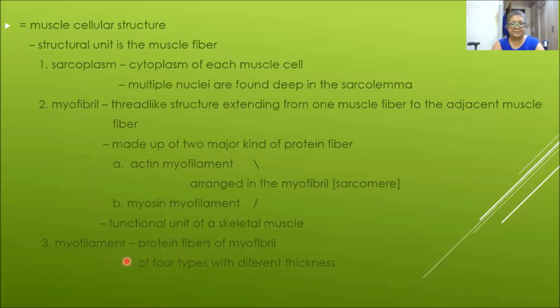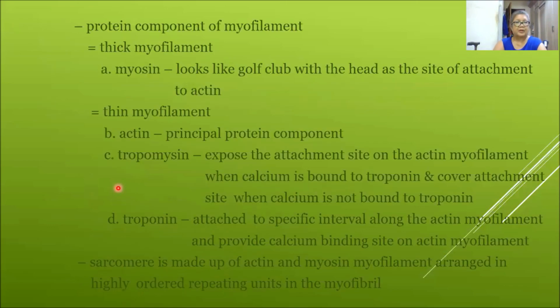Of the four types, these are different thickness. The protein component of the myofilament is made up of a thick and thin myofilament. The thick myofilament is your myosin.